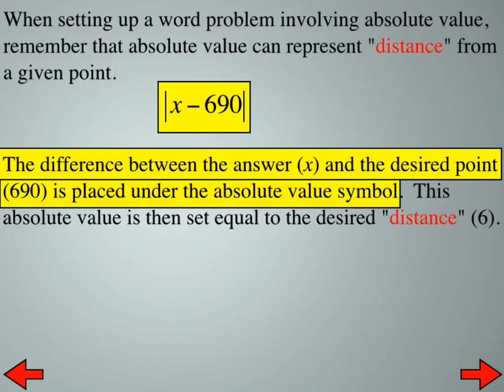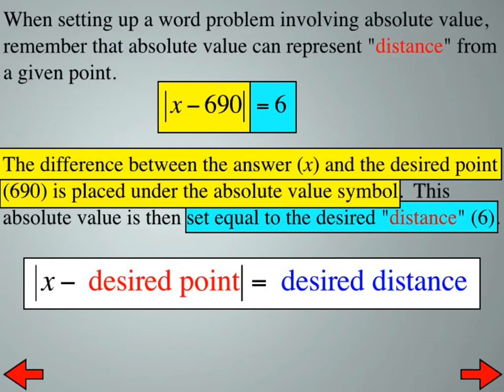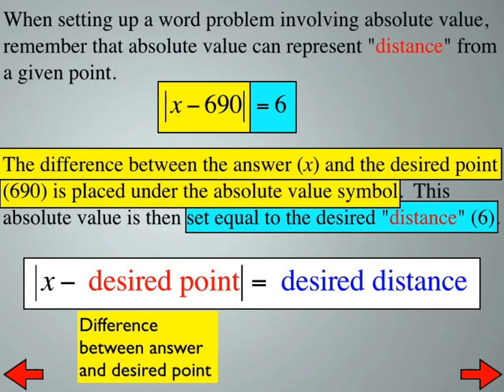So, that's where that came from. This absolute value is then set equal to the desired distance, which was within 6 golf balls. That's where the rest of that came from. So, if you did not write this down earlier, you should now. So, that comes from the difference between the answer and the desired point equal to the desired distance.